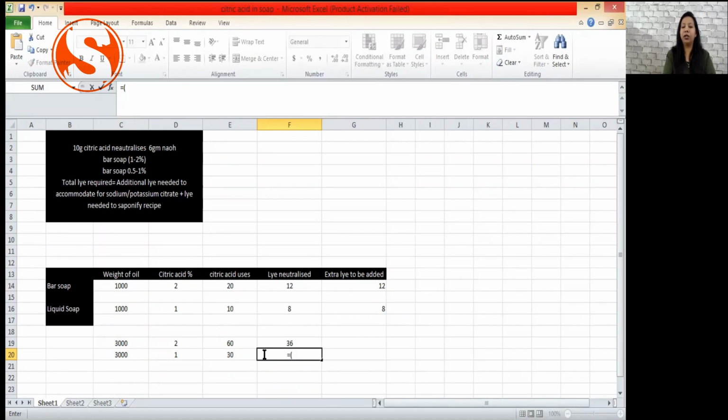So this is the amount of citric acid divided by 10, because 10 grams of citric acid, into 8. Here you are going to use 24 grams of potassium hydroxide if you are using it in your liquid soaps.